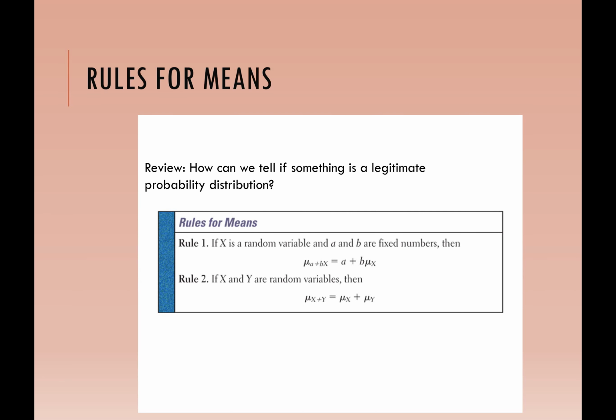All right, back to formulas. So we have rules for the expected values. Let's say we had a random variable that had some values and probabilities.